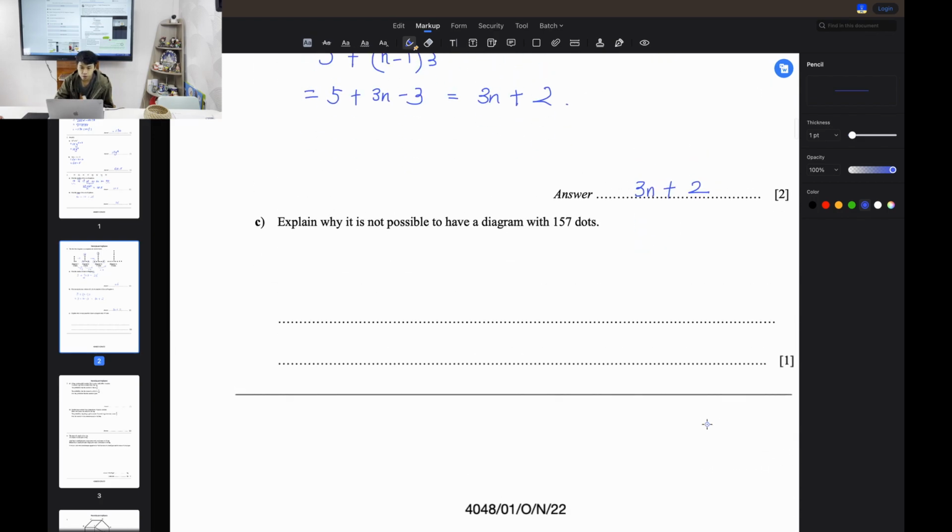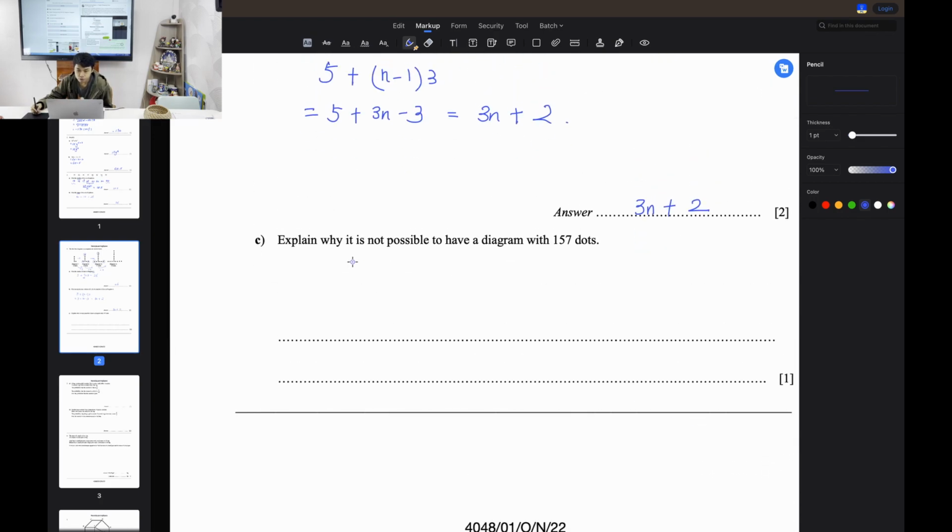All right, so explain why it is not possible. Be careful: it is not possible to have a diagram with 157 dots. Let's assume it is possible.